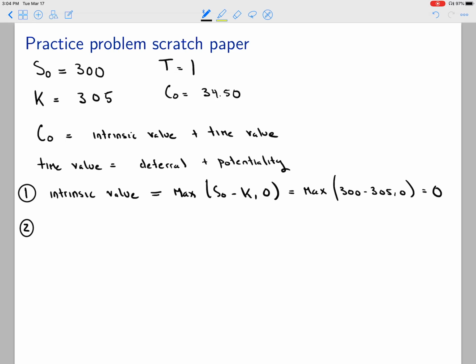In part 2, what we want to do is calculate the time value. Time value is just the remaining value from the call premium after we net out the intrinsic value. Plugging in inputs, it's 34.50 minus 0, which is 34.50.